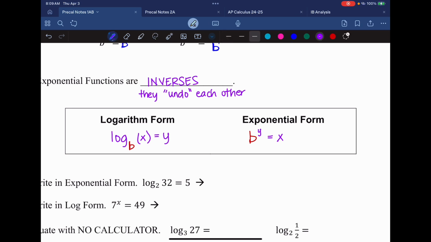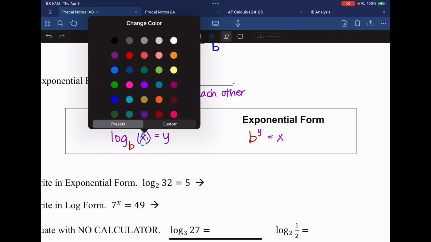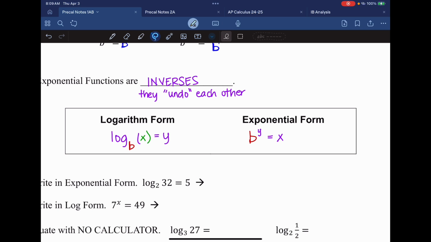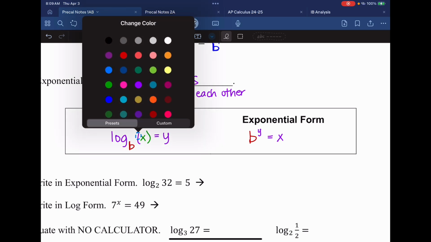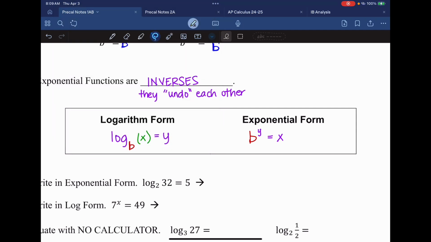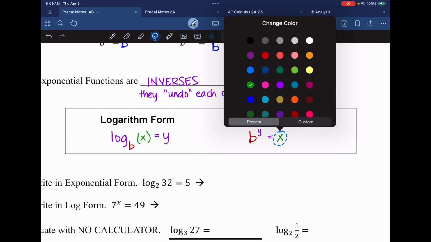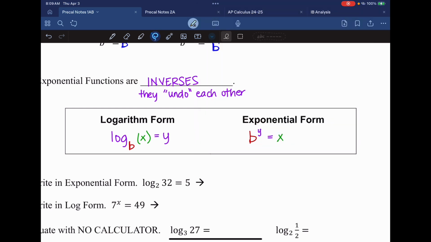So the argument, whatever we're taking the log of, comes out of the log.